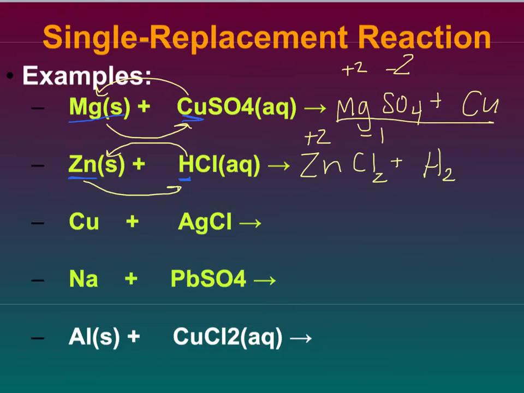And predicting products takes a lot of practice. So it's not unusual if it takes you a few times to get these products. So please don't get discouraged, just keep trying. Keep remembering, metals switch places, you have to use charges to figure out the chemical formula.